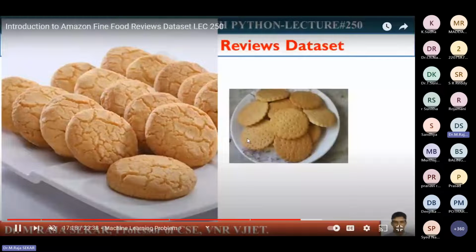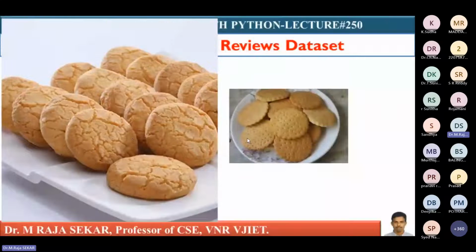You may get lakhs of reviews, but it is very difficult to process by human beings, isn't it? That's why we need a machine learning algorithm which can process many reviews at a time.